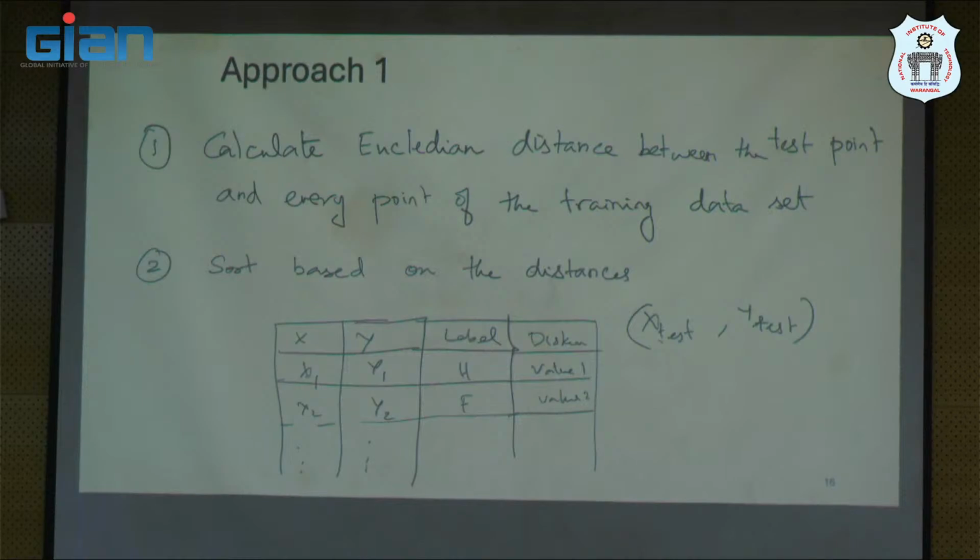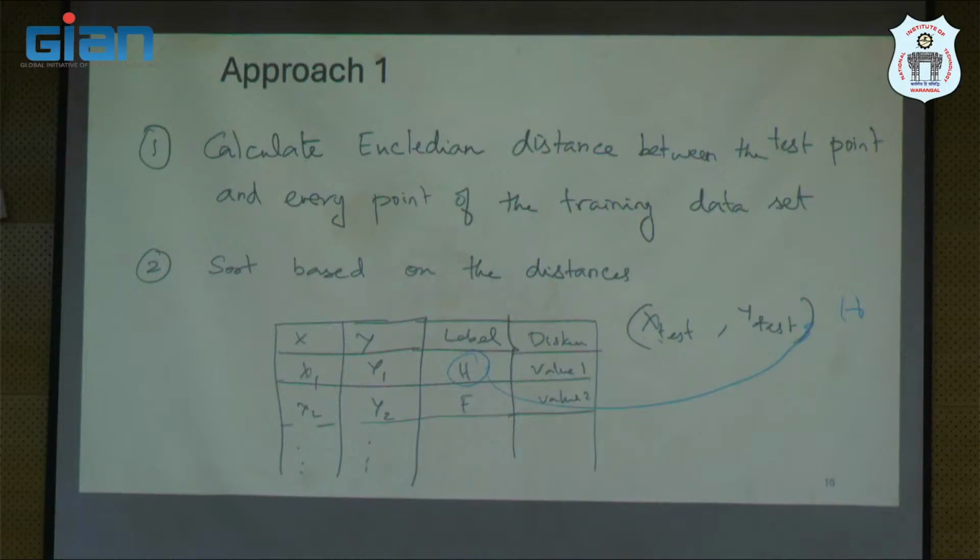Once this matrix is sorted, the lowest distance will be the topmost row. Then you have to look for the label associated with the shortest distance from the training data set, and you will assign this label to the test data point.